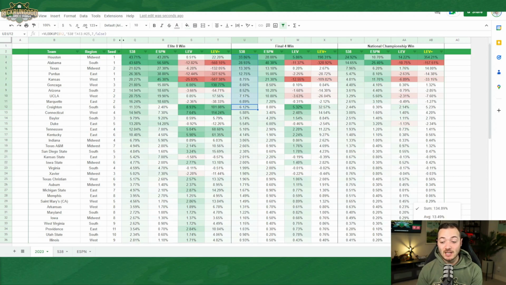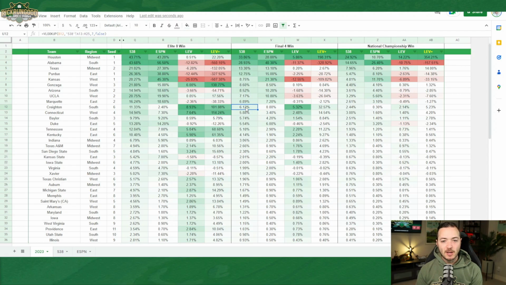So they have the 10th best odds to get to the national title game and are being selected nowhere near that rate. They basically have the same rate of getting there as Marquette, and Marquette is being selected correctly, basically 7% of the time, and Creighton is not. So that is wild to me. I wonder if Creighton had injuries and they're a 6 seed and now they're getting healthy. I don't know, but that obviously stands out.